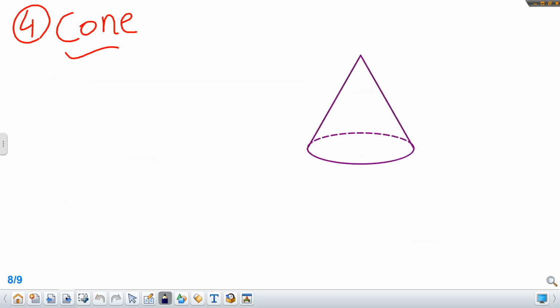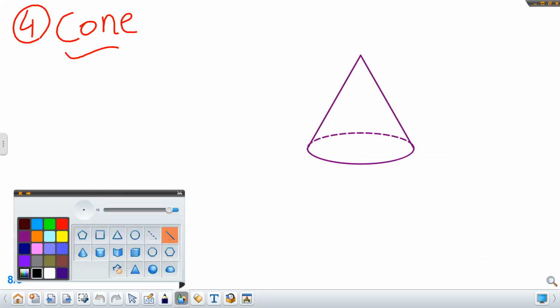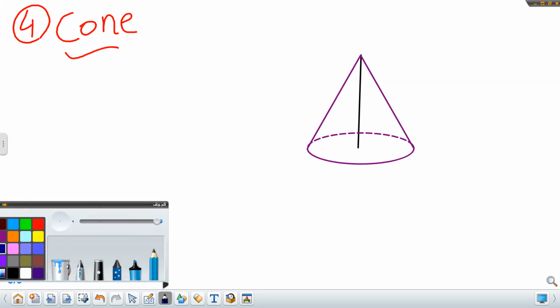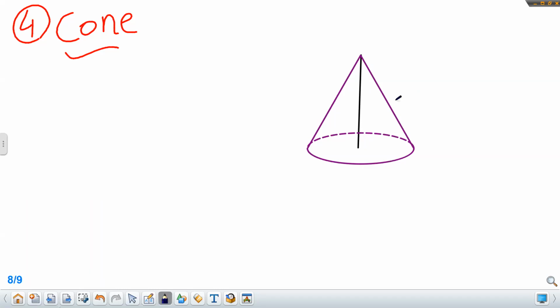Solid number 4, which is the cone. Remember with me, in the cone you have two types of height. First one is the slant height, and the second one is the height of the cone. And we can find the radius between them like this.